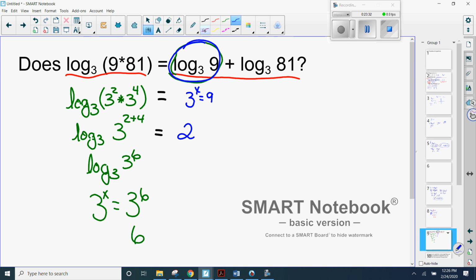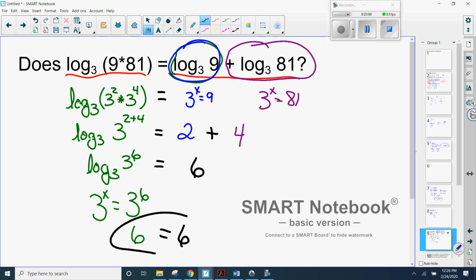If you look at the next one, that's saying 3 to what power equals 81? And you get 4. You are adding those two together. So 2 plus 4 is 6, and that equals what was on the other side. So that is true when we look at that particular statement.